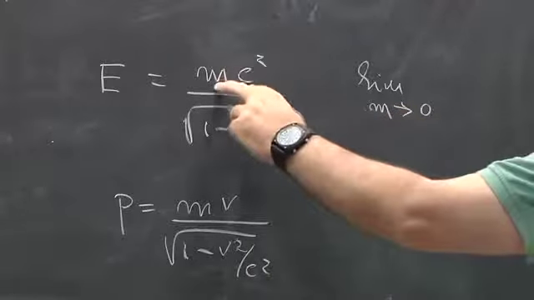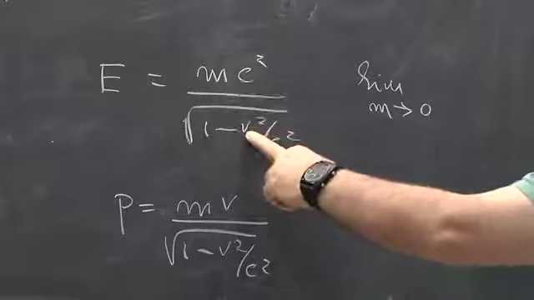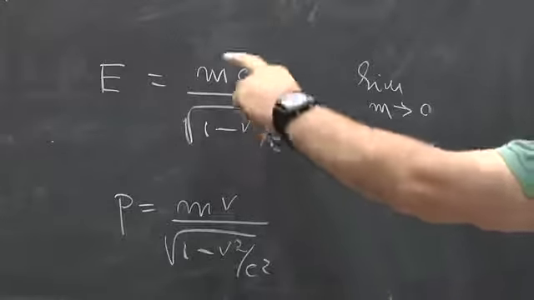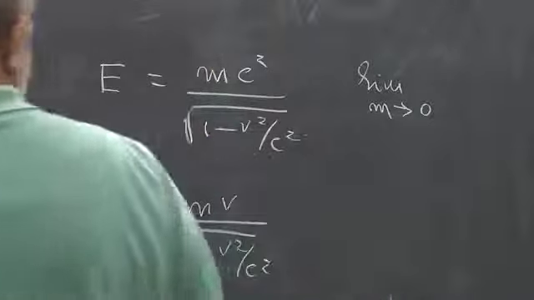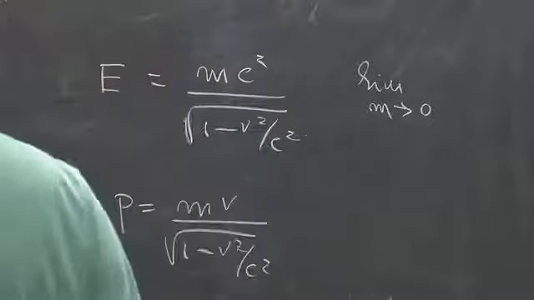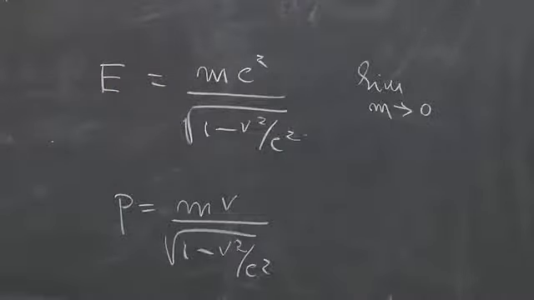In fact, if I send m to 0, but at the same time I send v to c, I get 0 over 0, and that limit can be different from 0. Better is to insert that relation here.